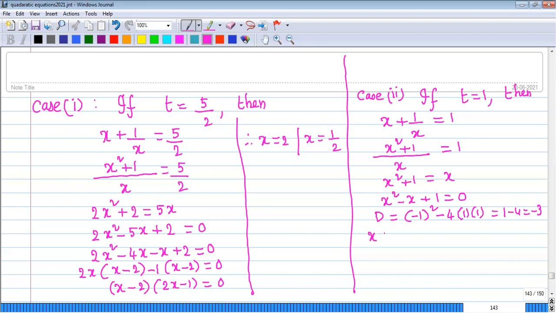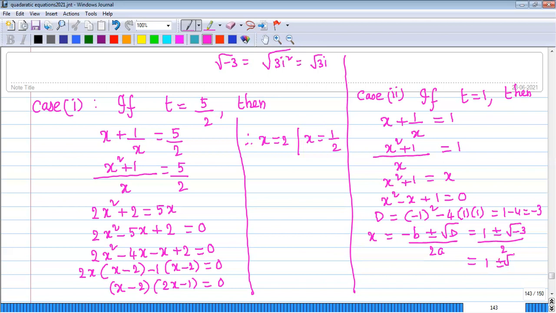So now x is equal to (−b ± √D) upon 2a. So b is negative 1, so x = (1 ± √−3) upon 2. You remember one thing, root of minus 3 is equal to root of 3i², that is √3 i. So this equals (1 ± √3 i)/2.